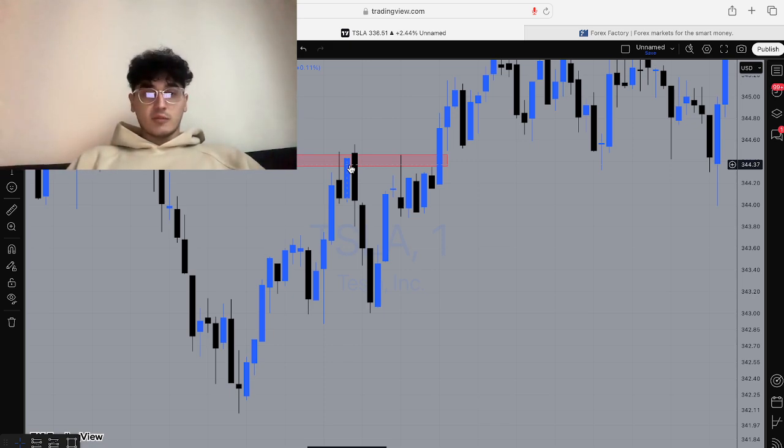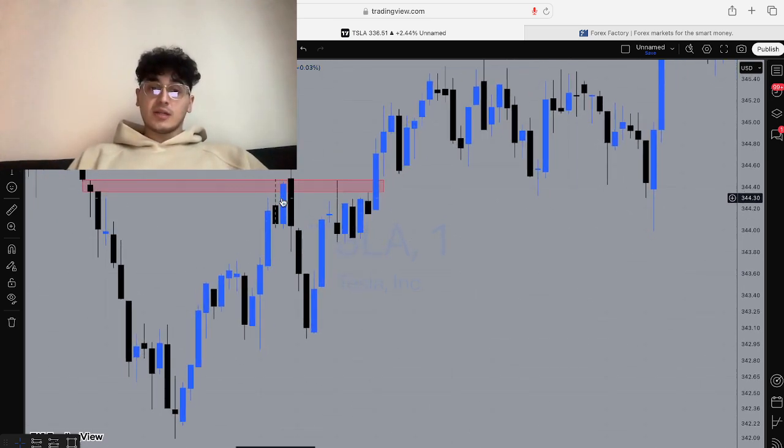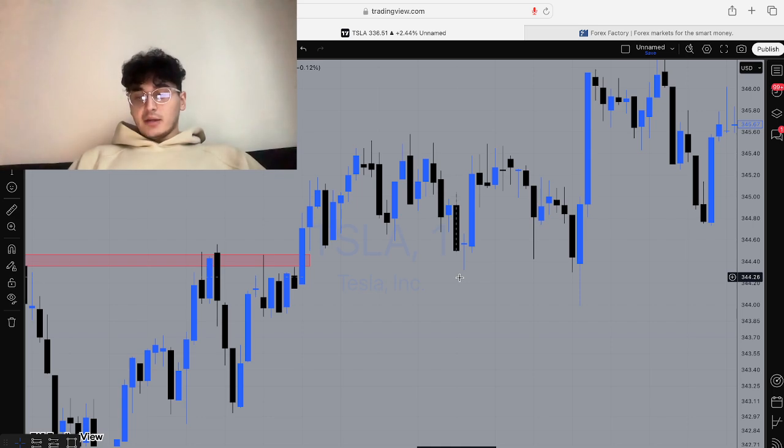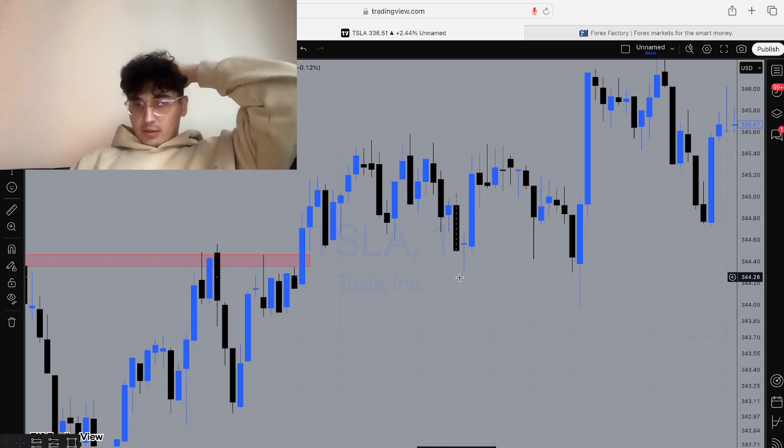Those are typically going to be the best high probability chances of your fair value gaps actually working. Keep that in mind, because you can see we get that rejection and reversal. Then you can see it breaks through and then pushes to the upside. So that is going to be that.